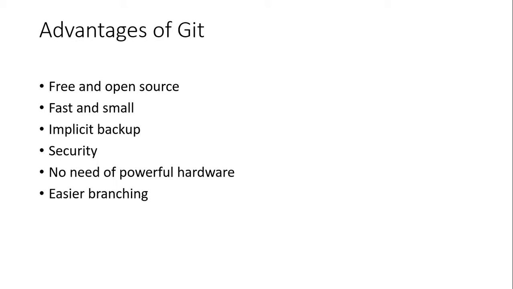And one more point we need to look at about Git is that it has an easier branching system, right? It's not like SVN. It has a much easier branching system, and everything works locally. So once a developer makes a copy of your main code, which we call in Git the master branch, they can create a branch out of it, and then they can start working on it, right?